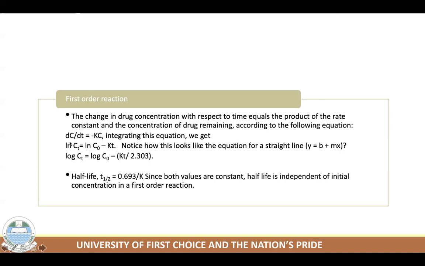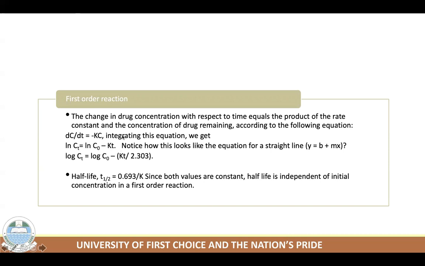Integrating this equation, we'll get the natural log of C at a time t, or the concentration of drug in the plasma, be equal to the natural log of the initial dose that was administered minus Kt. That's on integration. Now you will notice that this looks very much like a straight line graph.